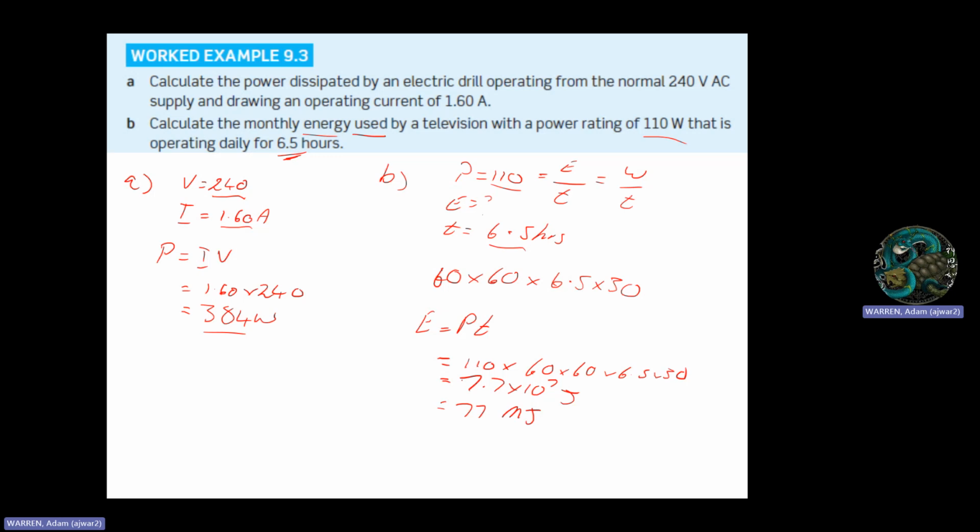Now, in terms of working out the power dissipation for circuit analysis, any circuit analysis question that you have where you have both the voltage and the current, you therefore can use this formula to work out how much power that element is using.